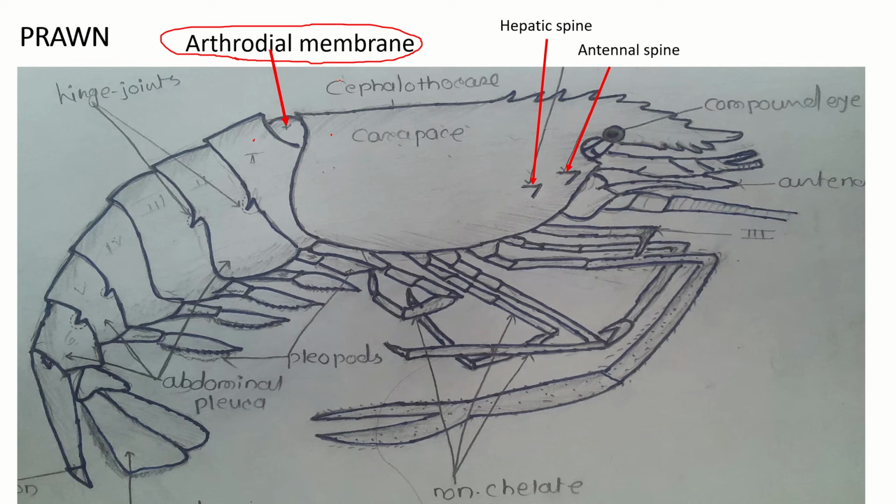The cephalothoracic sclerites cover the cephalothorax region, and the abdominal sclerites are the plates which cover the abdominal part of the body.